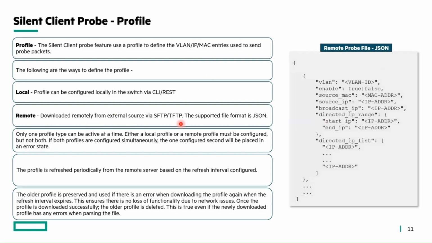This download is possible via SFTP and TFTP servers currently, and strictly the file format has to be JSON. Another condition to note is that only one profile type can be active. Either you can use a local profile or a remote profile, not both at the same time.